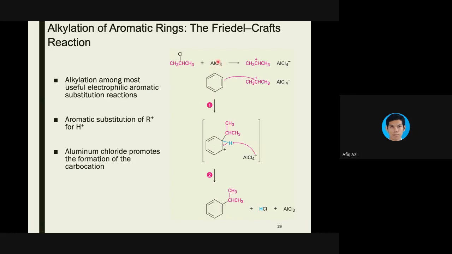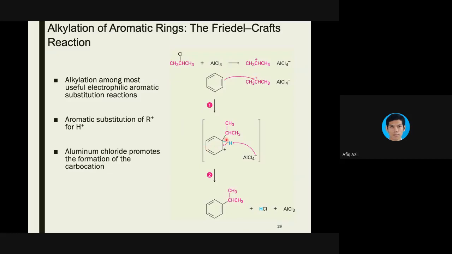So what is the function of this AlCl3? It is to turn this alkyl halide into a carbocation. Once it becomes a carbocation like this, the benzene is free to attack the positively charged carbon.